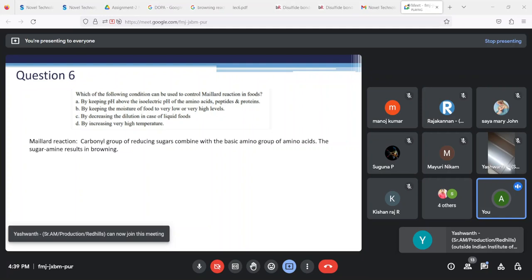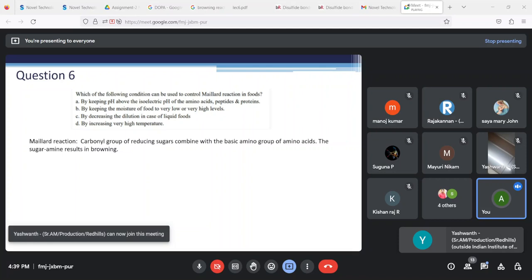What induces the browning reaction in foods? I'm talking about non-enzymatic. Heat, ma'am. Yeah, so the heating is the actual induction of the browning reaction starting.